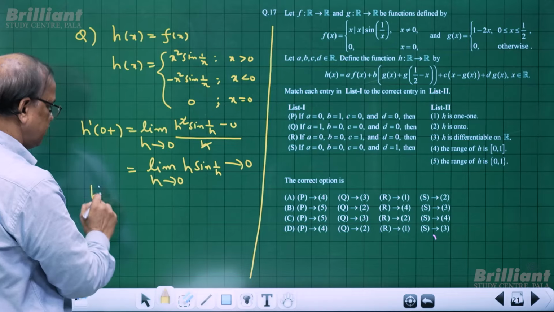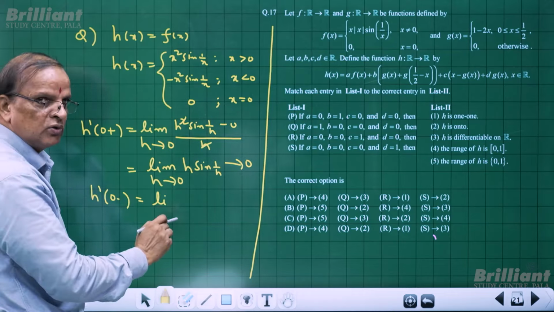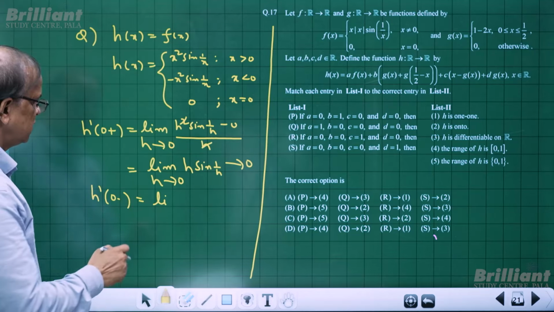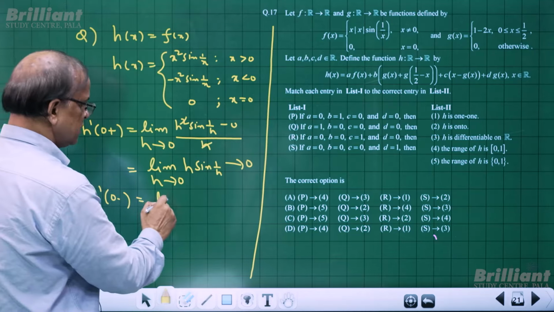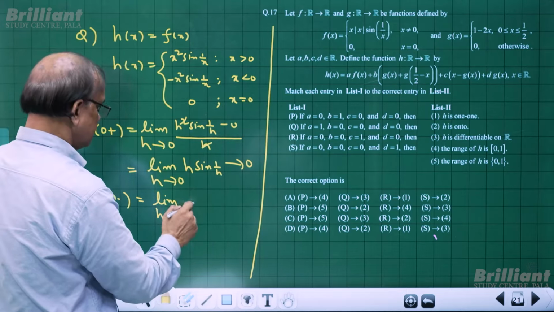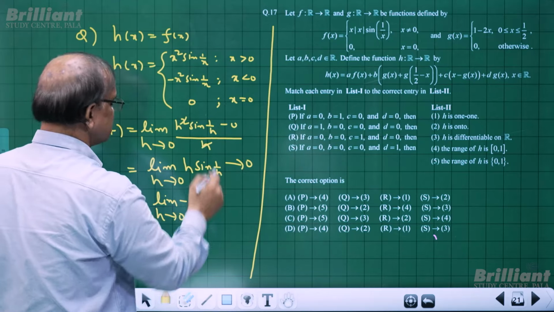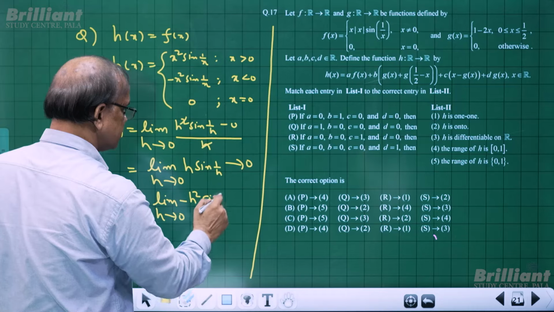Next, the left derivative, limit h tends to 0 minus. In this case, it is minus h square and sin of minus 1 by h, minus 0, divided by h.